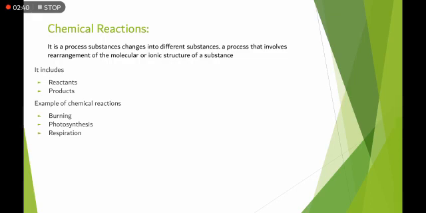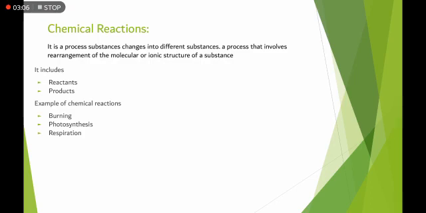Reactants are those substances which react with each other to form a product. And what is a product? It is formed as the result of reacting the reactants.